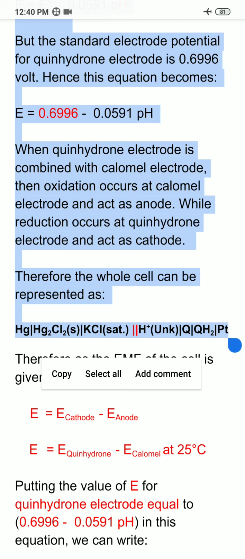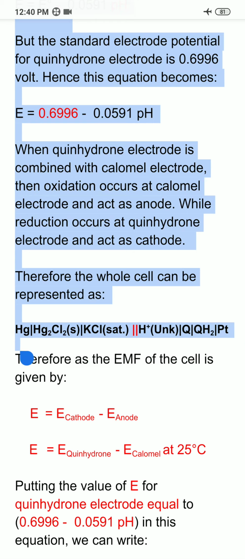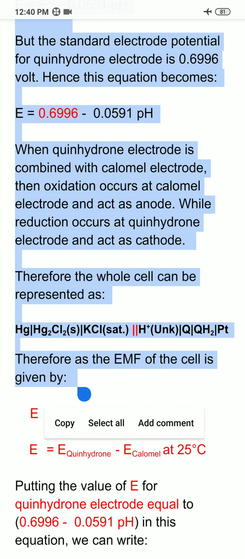So in this, the left hand side, that is the starting side, represents the oxidation half, and in between the two double lines represented in red is the salt bridge, and the extreme right, that is the platinum side, represents the reduction half. So this is the representation of this complete cell.